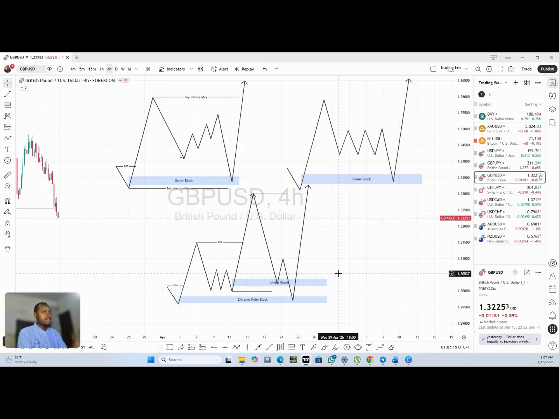So in this scenario that you are seeing, because of the presence of this equal low, that's what makes this area very weak, because there is so much money here that the market will want to grab it. And you that are trying to buy from here, you will be expected to put your stop loss here.